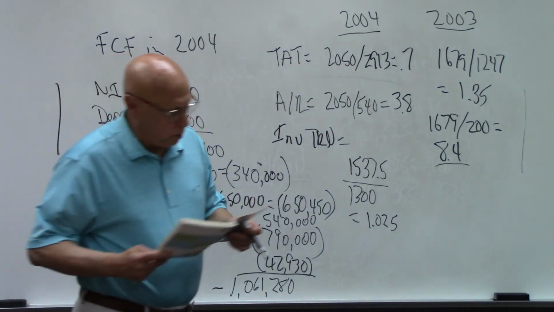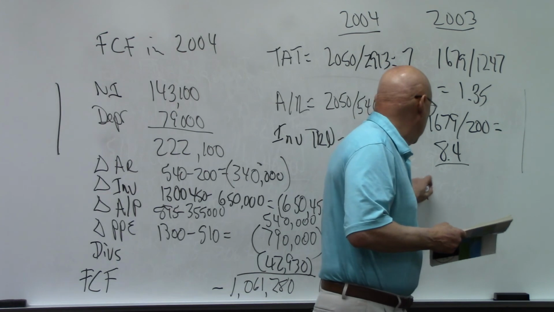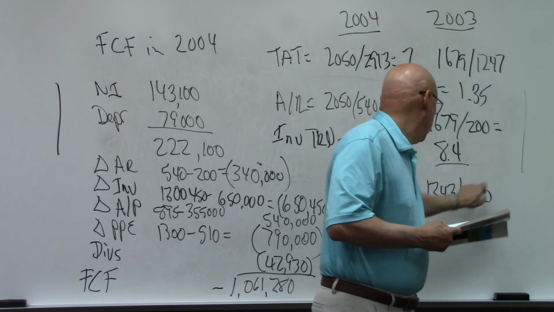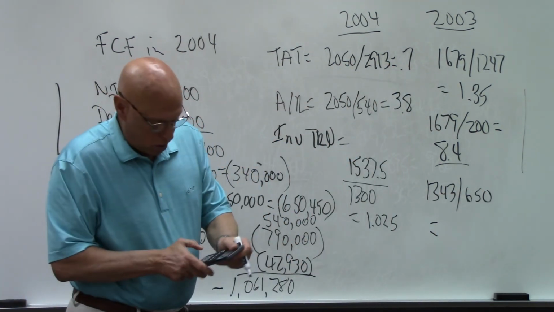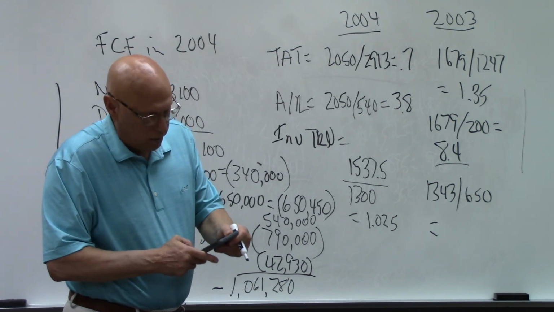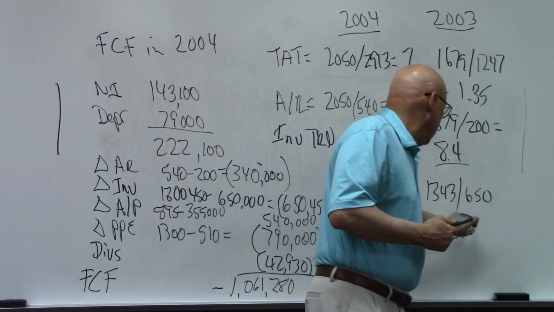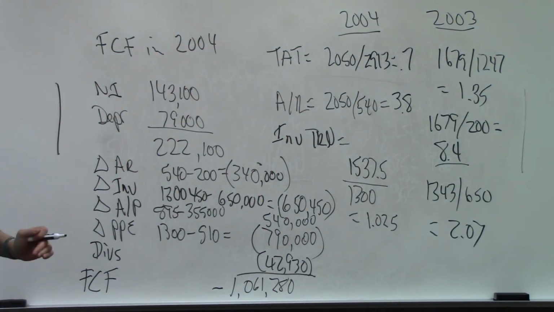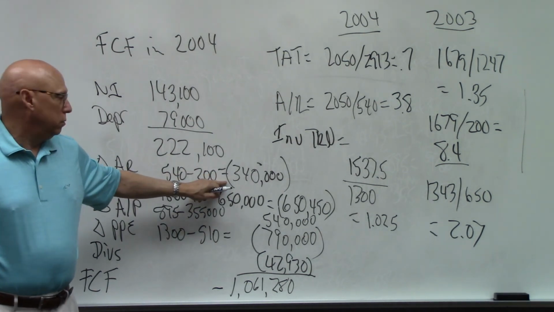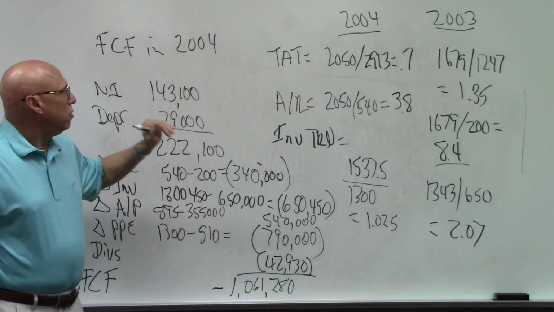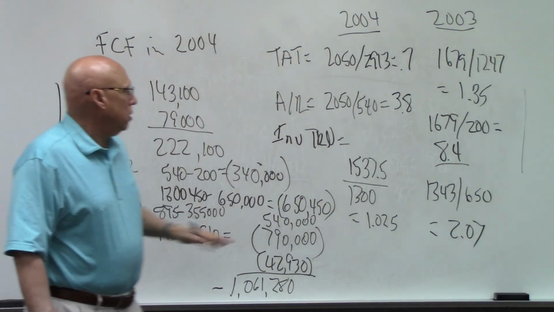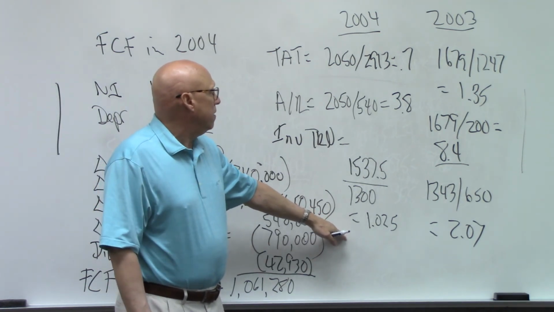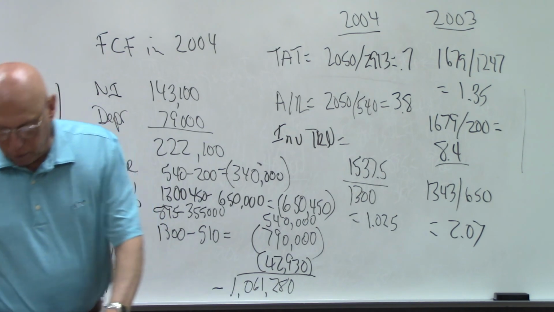And let's look at previous year, 1343 divided by 650. And it's 2.07. So they're not managing their inventory very well yet. So the problem is they've spent a bunch of money, okay, and they're not generating enough sales. They're not turning their inventory over enough. They're not generating enough sales. And they're not collecting their accounts receivable.